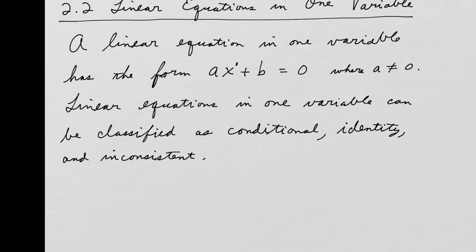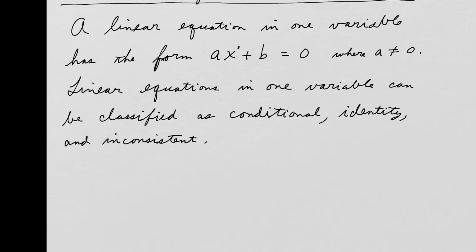Okay, so what do we mean by this? Let's look at conditional first. Conditional means that the equation is true for one value.